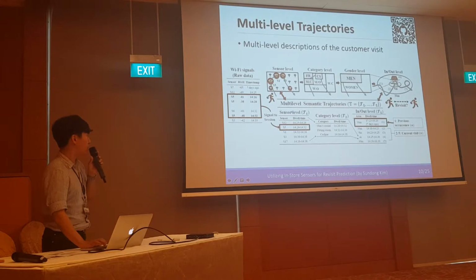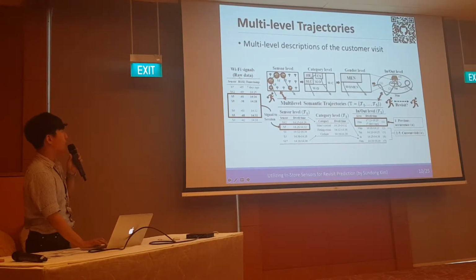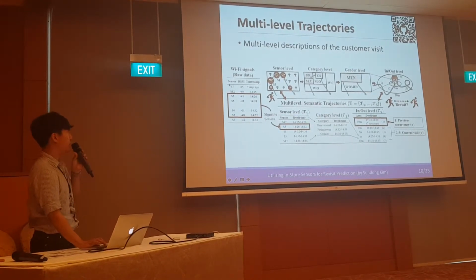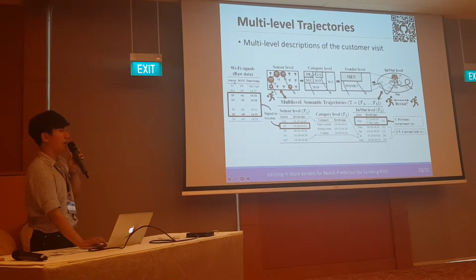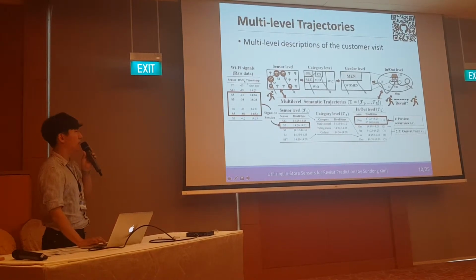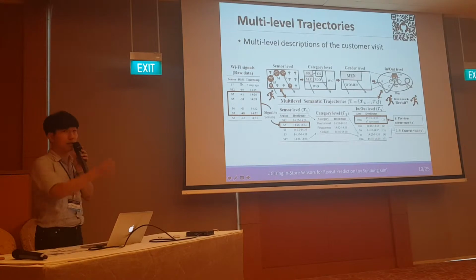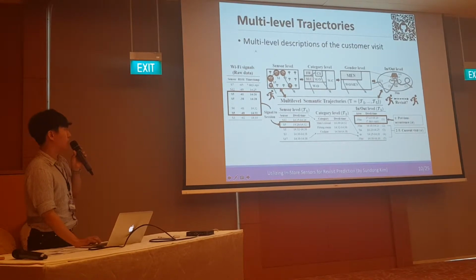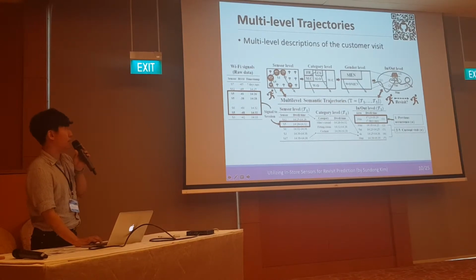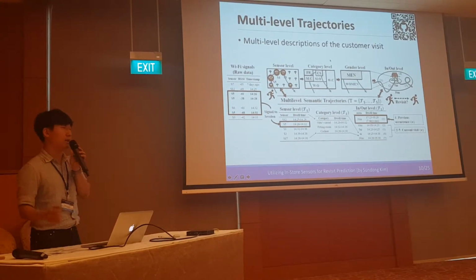And here is some of our raw data set. The raw data set has 3 attributes: sensor name, the strength of the signals, and timestamp. I'll show it again later. These raw data sets are pre-processed into trajectories by using multi-level semantic meaning.